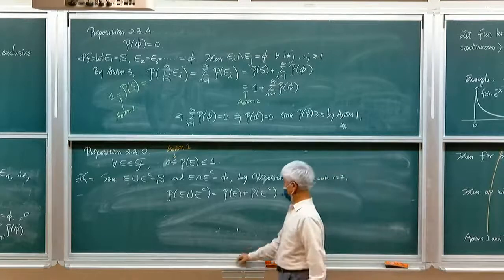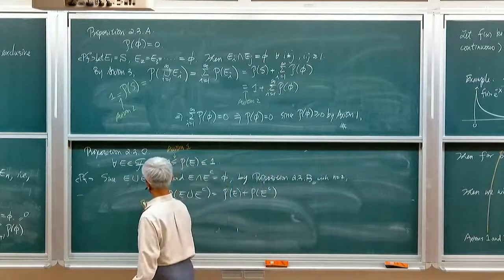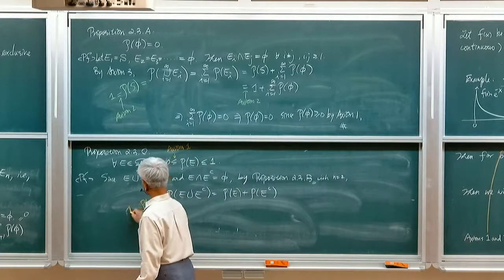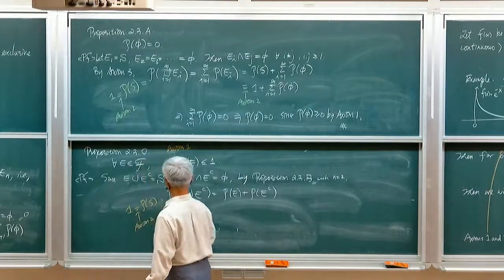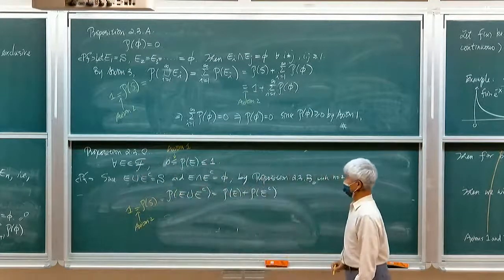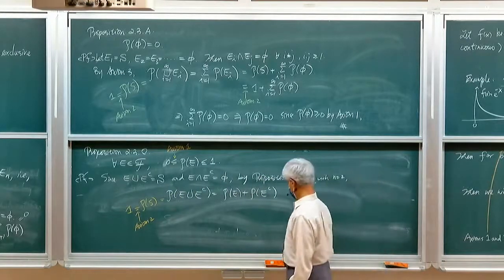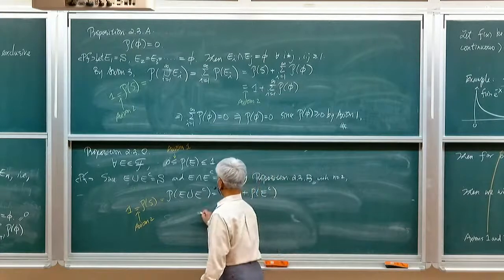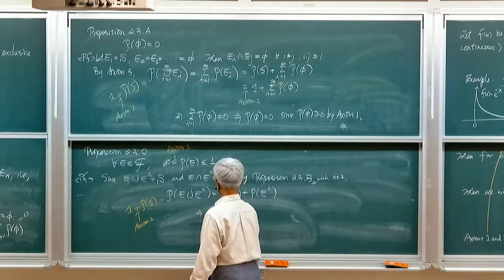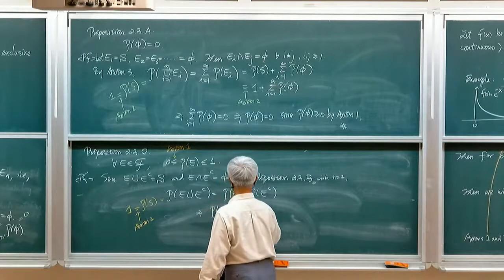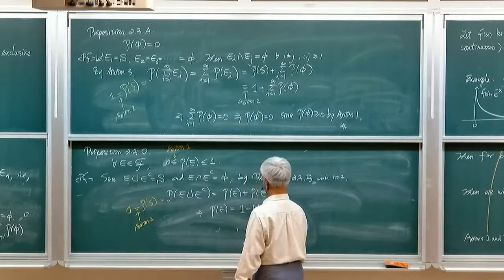Now, this is the probability of S, and this is 1, by axiom number 2. So this implies that the probability of E is 1 minus the probability of E complement.